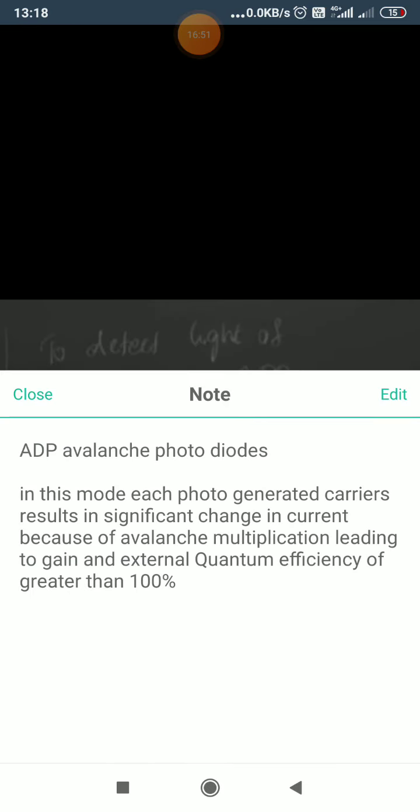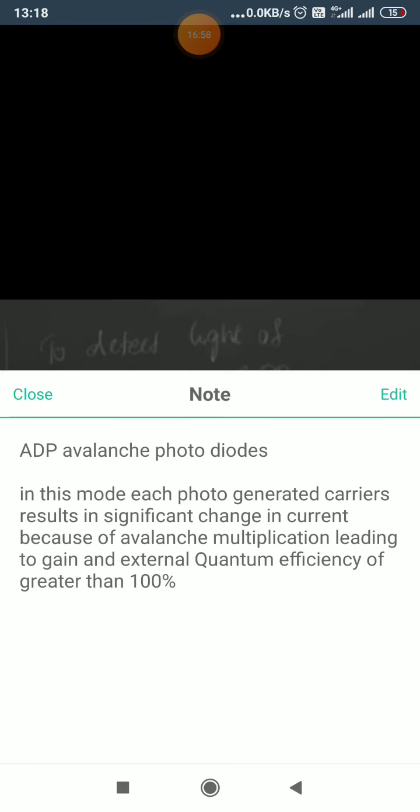So what happens here is, in order to detect light energy of low intensity, we need to operate this PN junction in such a way that avalanche multiplication occurs. Avalanche breakdown we already studied, where EHPs are generated and the charge carriers start increasing. The same process happens here.